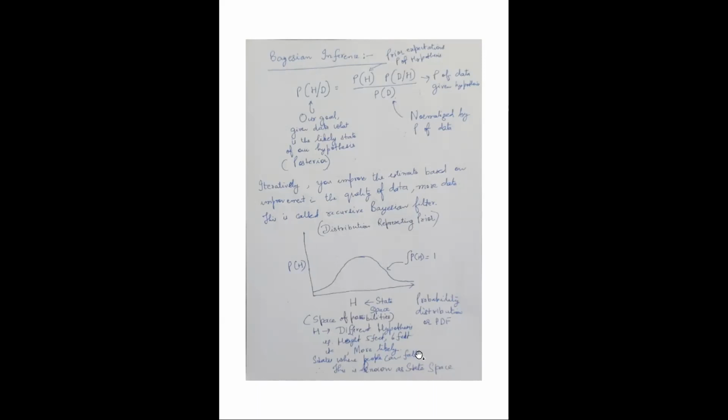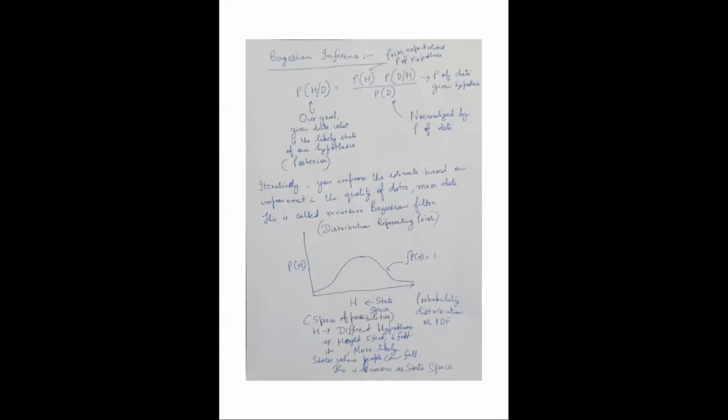This is known, and this also gives me, for example, if a person is 6 feet height, actually, how many persons will be of 6 feet height? It gives the state of the information in the community, and this x-axis gives us the hypothesis: 4 feet height, 4.5 feet height, 5 feet height, 5.5, 6 feet height.